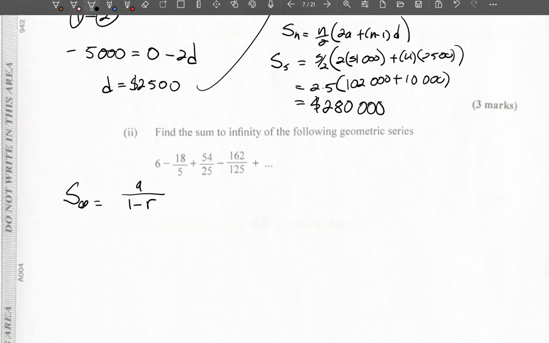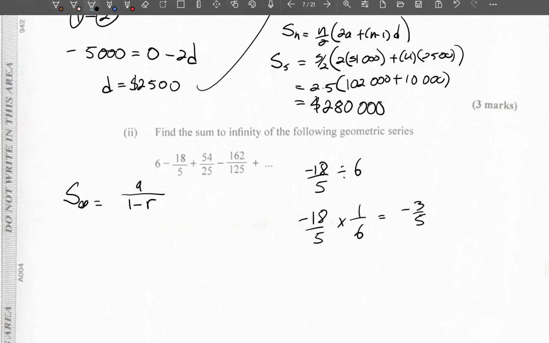Right, so let's see what r is going to be. We get r by dividing two consecutive terms. So let's take minus 18 over 5. We're going to divide that by 6. So that's the same thing as saying minus 18 over 5 multiplied by 1 over 6. This is going to be minus 3 over 5.